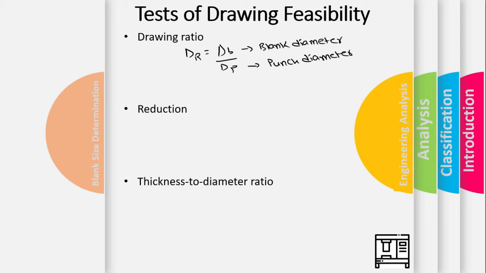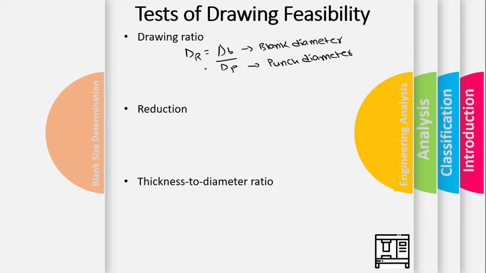So the drawing operation provides a crude indication. If the drawing ratio is greater than 2, this drawing ratio explains the severity of the drawing operation. The greater the value of the drawing ratio, the more severe the drawing operation.